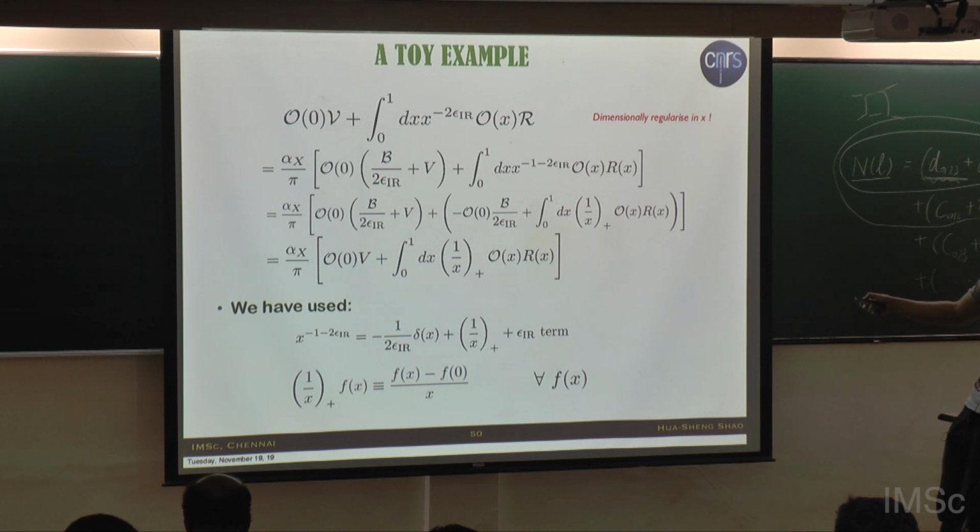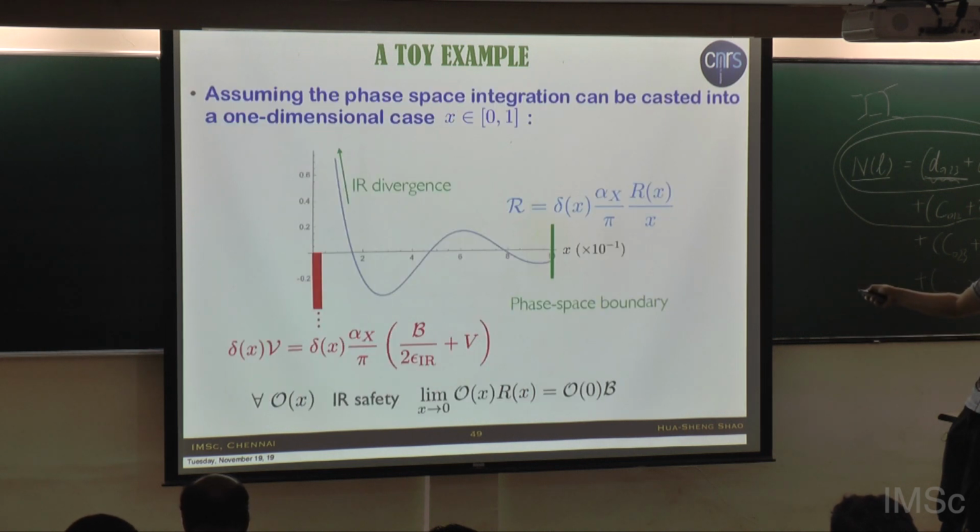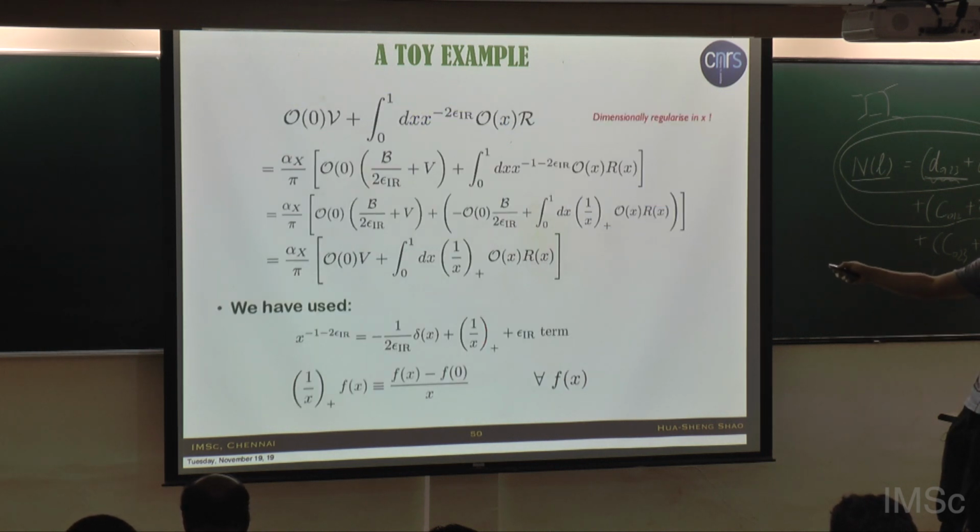Because you see that I have 1 over x, I multiply by x to the minus 1 minus 2 epsilon, and this can be decomposed into a singular delta function part, the plus function part, and epsilon terms. Of course, higher epsilon terms I don't care about; I just neglect them.